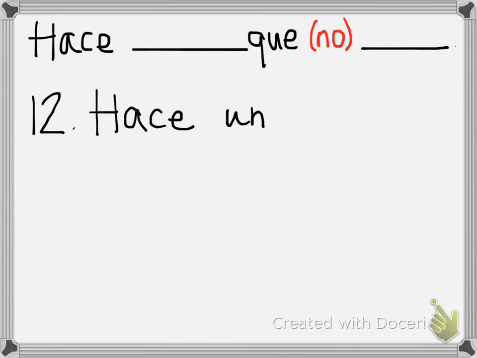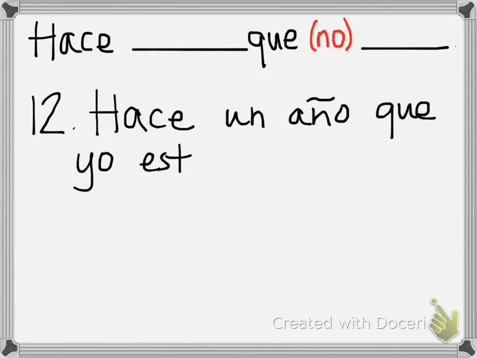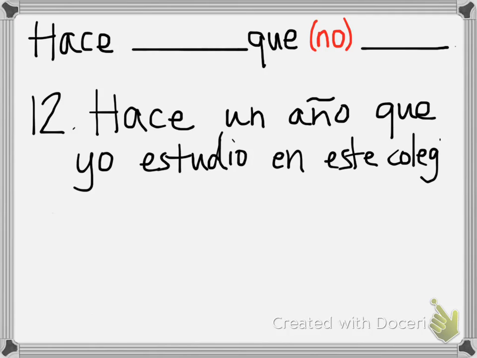So I'm going to put un año. So hace un año que, and remember you're answering this for yourself, yo estudio en este colegio. Okay, remember we still have hace, time period, que, and then our subject verb phrase.